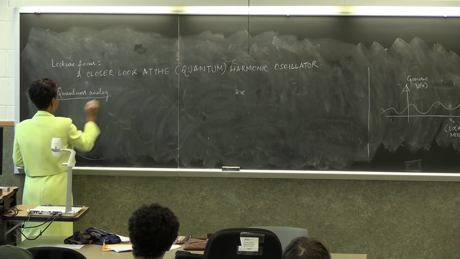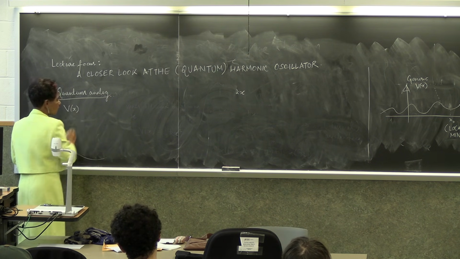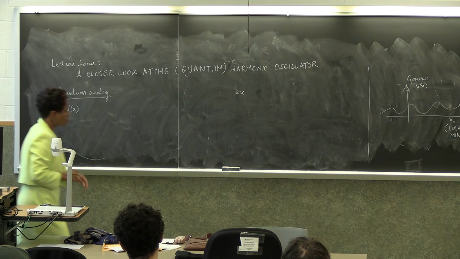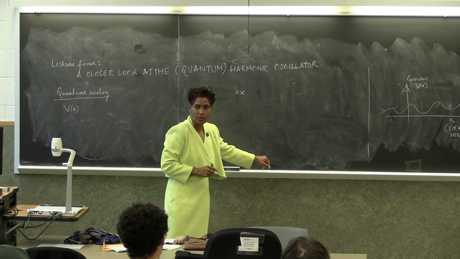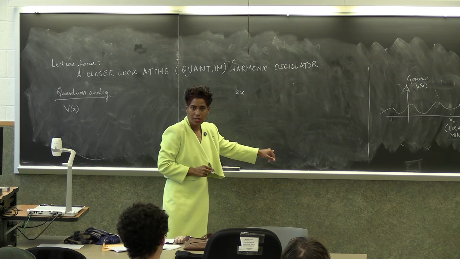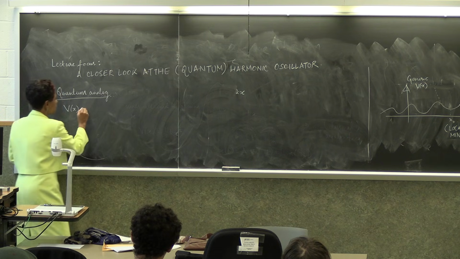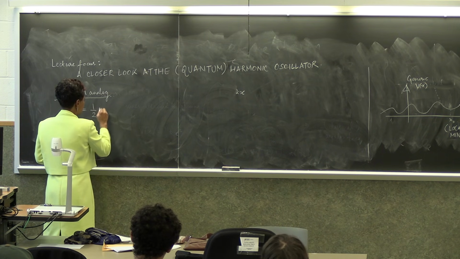Quantum analog. V of x, we had half k x squared, and we also discussed what omega was, the angular frequency, in terms of k and m. For the quantum analog, it's convenient to write this potential in terms of m and omega.